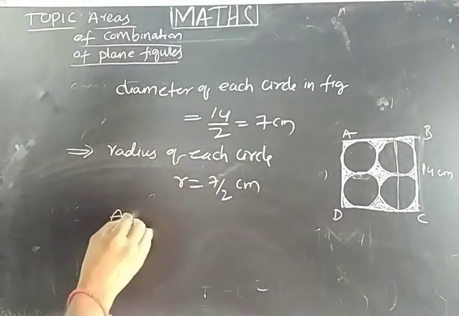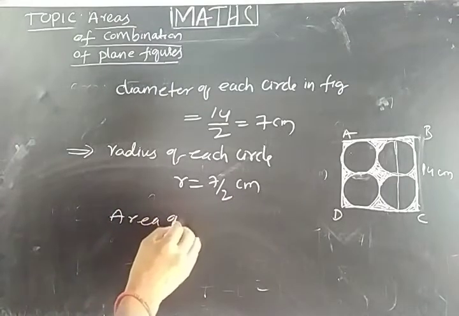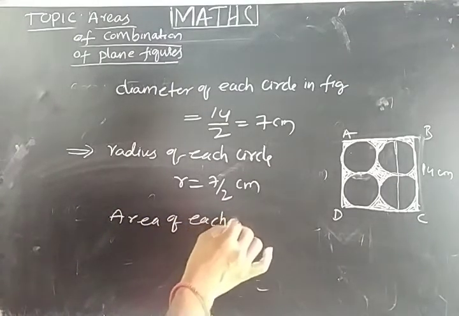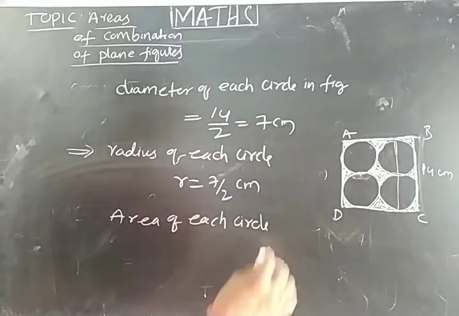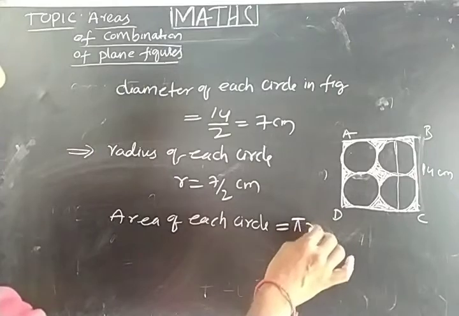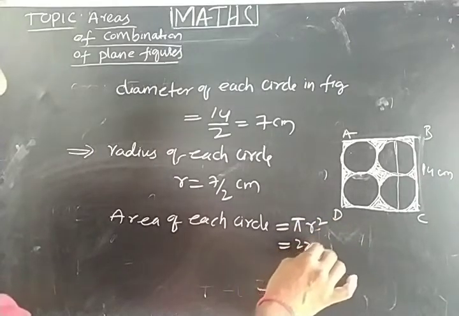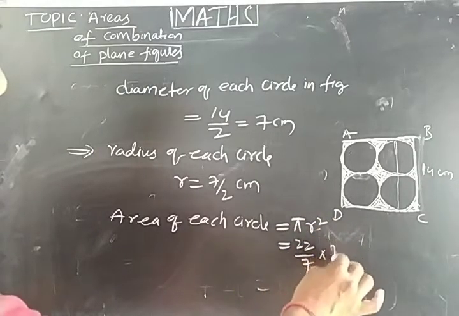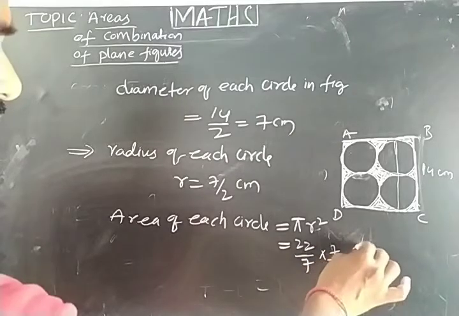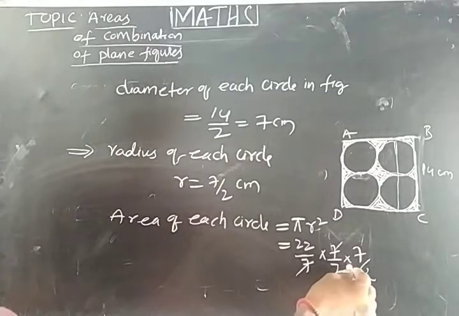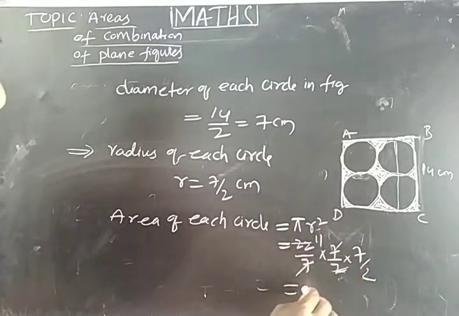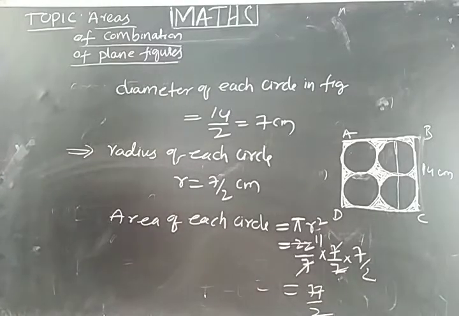Now area of each circle. What is the formula for area of circle? Pi r square. Pi is 22 by 7, r square is 7 by 2 into 7 by 2. 7 cancel, right? 2 11s are 22, so 77 by 2 is the circle area.